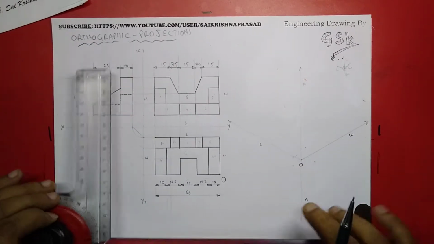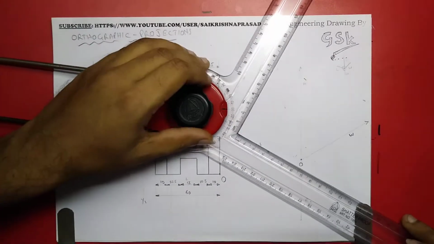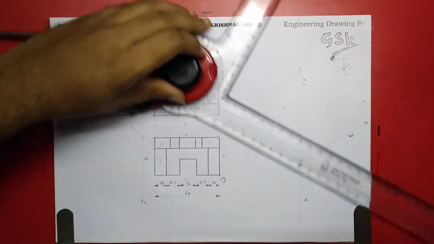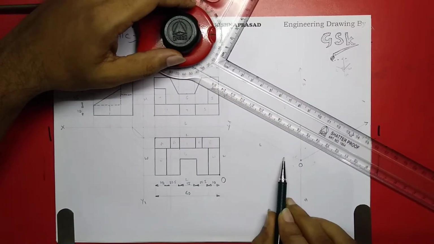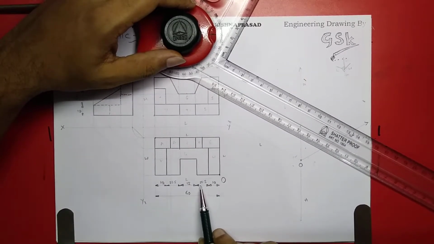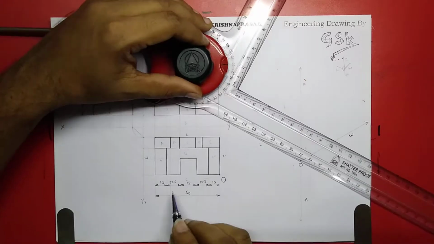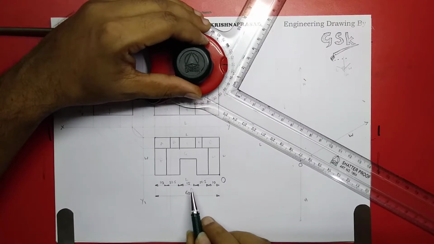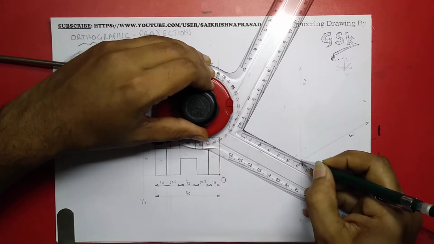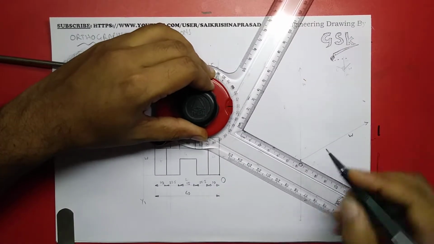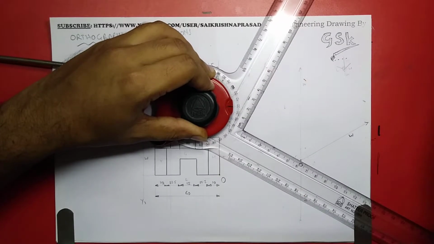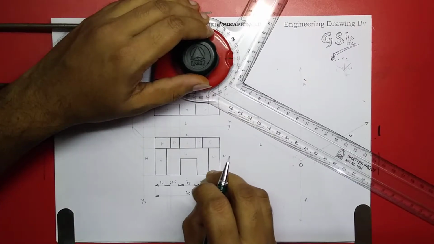Okay, so here I'll be taking the scale parallel to the length, and I'll measure this and draw over here. So this length is 32.5, and this is 32.5, and the middle is 15. So total I have to take 60, right? Sorry, it is not 32.5, it's 22.5.